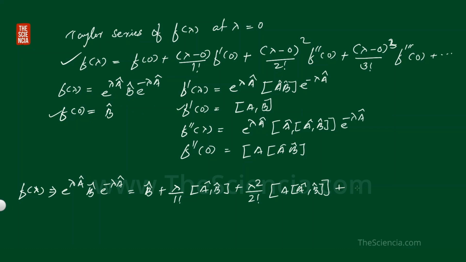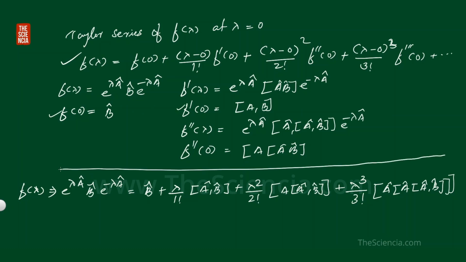Similarly, you will get the next term, lambda cube by 3 factorial, commutator a, commutator a, commutator ab. So this is the answer. It has not ended; plus etc. Okay.